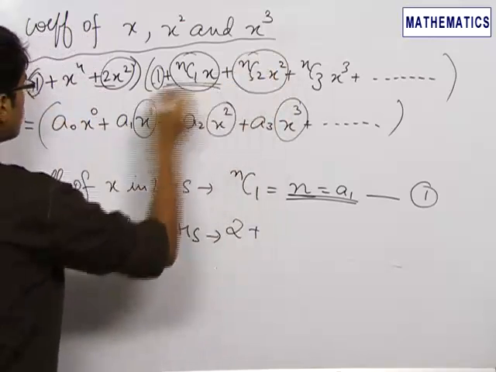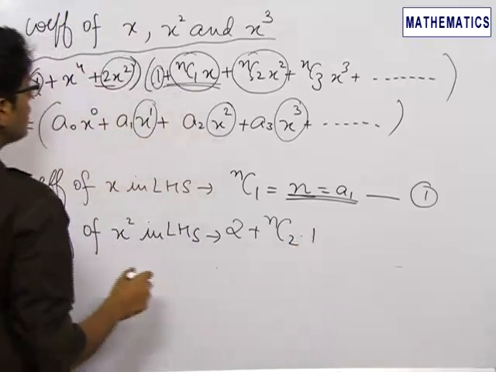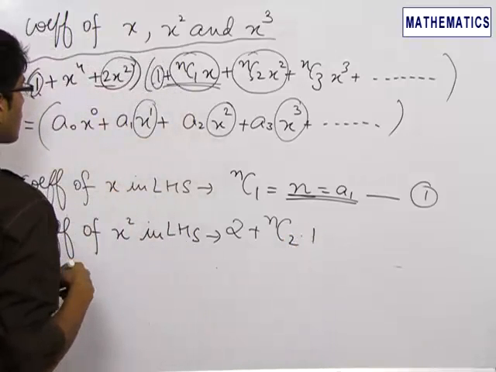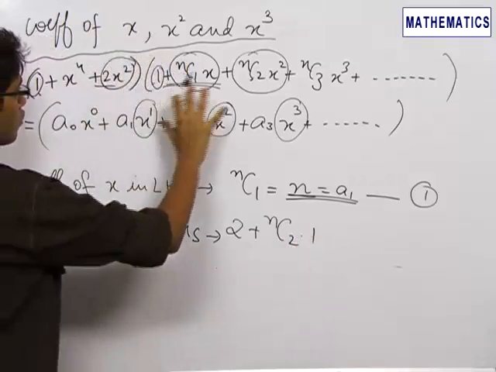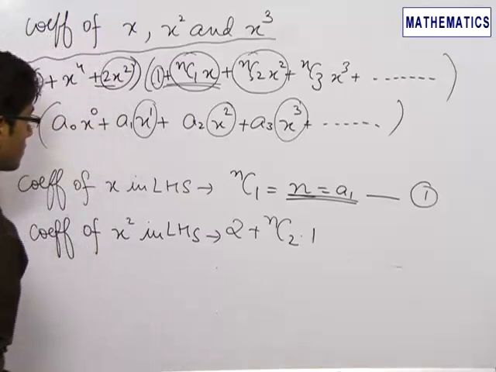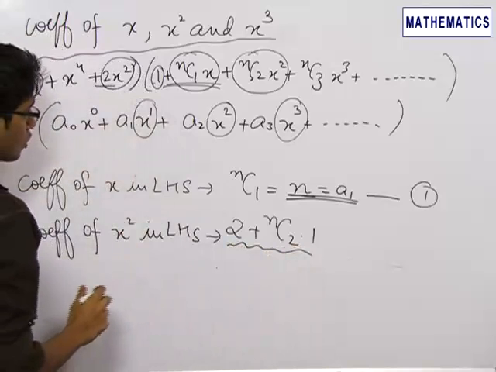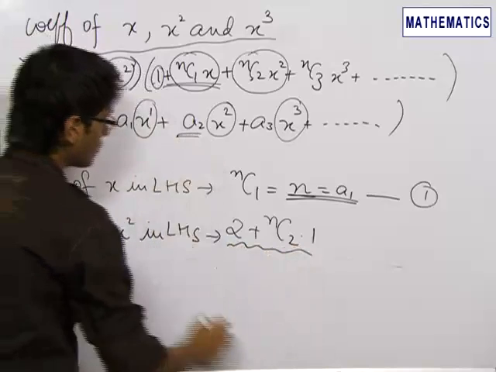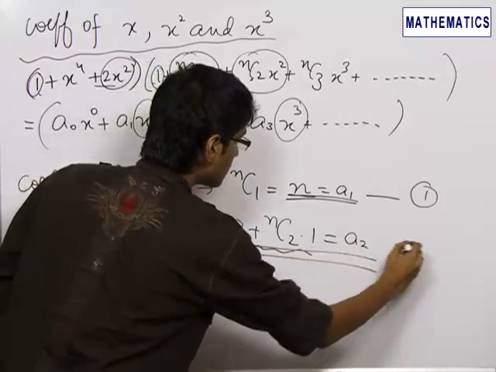So there is nC2 into 1. We can see all the other terms are greater than x²: they are x³, x⁴. So there is no more coefficient of x² in the LHS. So we compare the coefficient of x² in LHS to the coefficient of x² in RHS, which is a2. This is our second equation.